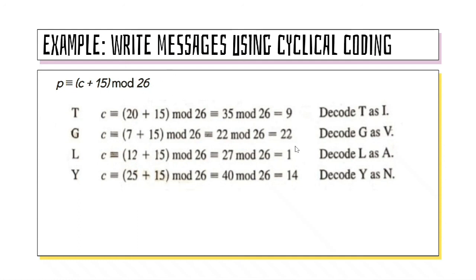The 22nd letter, we found, is V. For L, C is congruent to 12 plus 15, since L is the 12th letter. It is congruent to 27, mod 26, the remainder is 1. The first letter is letter A.